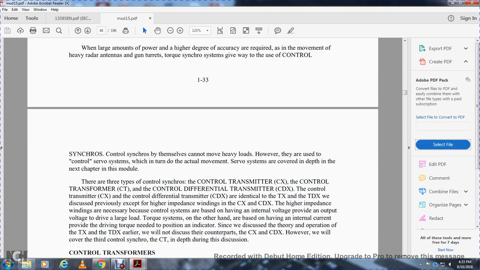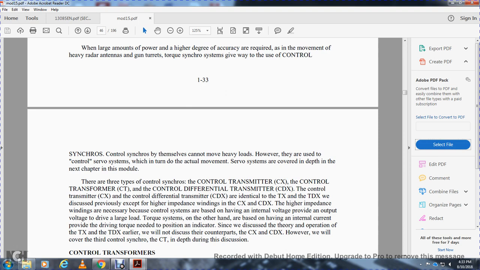The higher impedance winding is necessary because the control system is based on having the internal voltage provide the output voltage to drive a large load. The torque system, on the other hand, is based on having the internal current provide the torque needed to position the indicator.